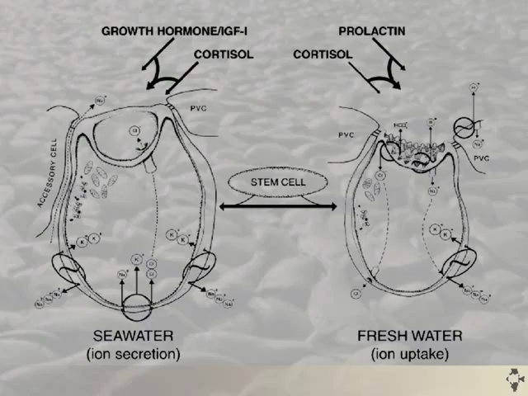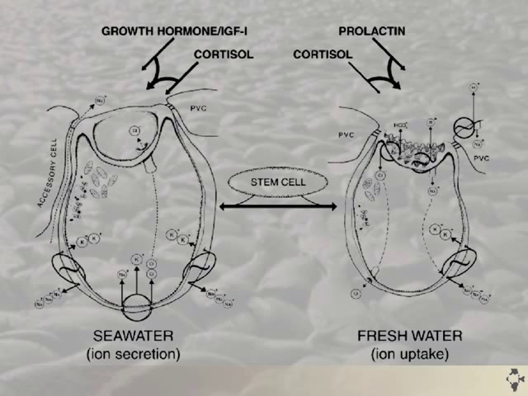But also during that process, prolactin is being expressed at the same time to ensure that there are still plenty of freshwater adapted chloride cells to keep the fish functioning and osmoregulating normally up until the point that they do reach the estuary and they're ready to make that transition.